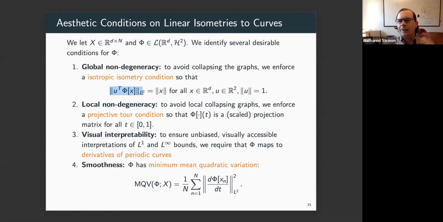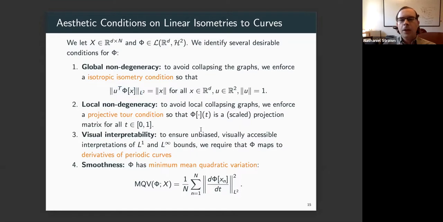We'd like to avoid that if possible, so that every single time slice induces something basically like a scatter plot, maybe with different dimensions coming into play. We don't want things to get squished down and lose information when we could be using all of 2D space. So to avoid local collapsing graphs, we try to enforce a projective tour condition so that phi is a scaled projection matrix for all t in [0, 1]. Ideally, that would be the case.